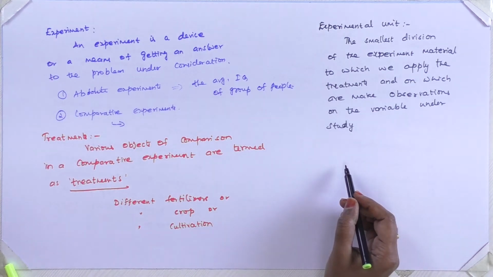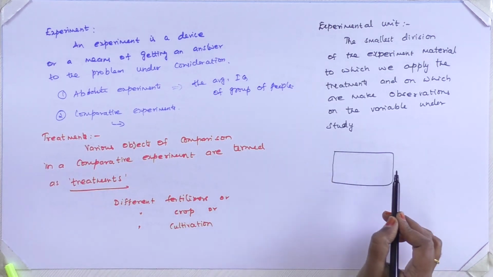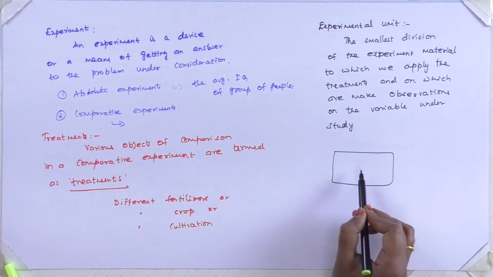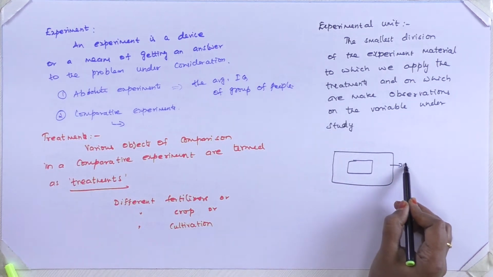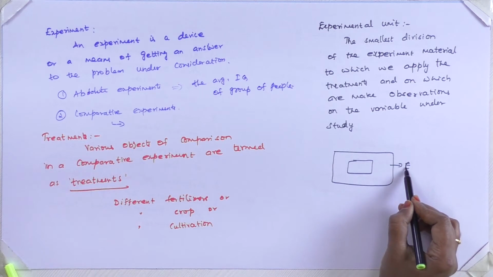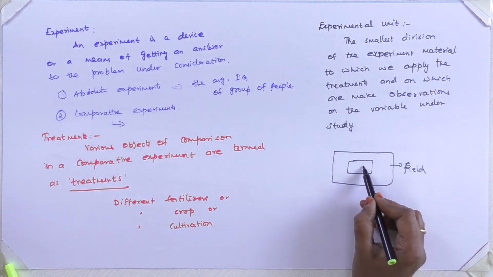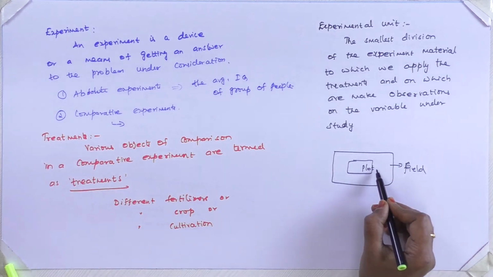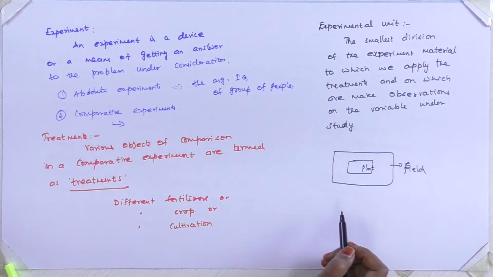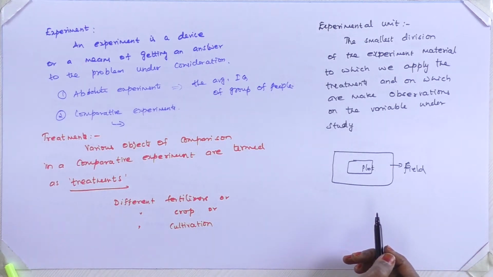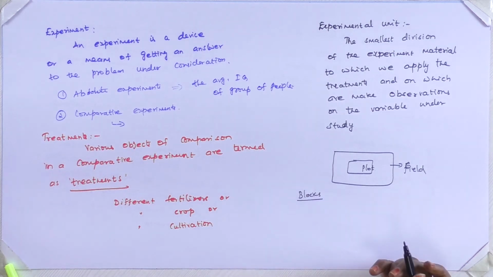For example, in a field experiment, we consider only the plot of the land, which is called an experimental unit. Blocks.